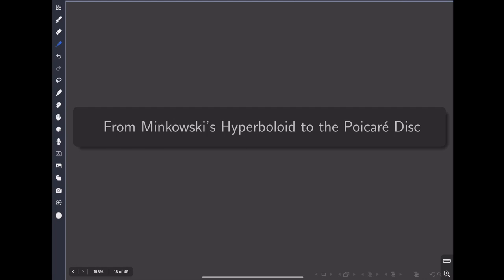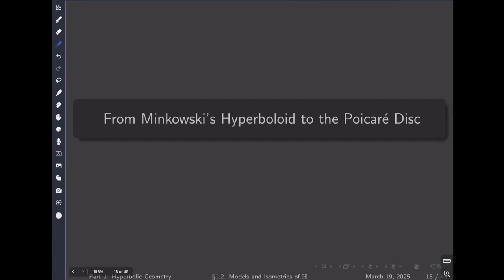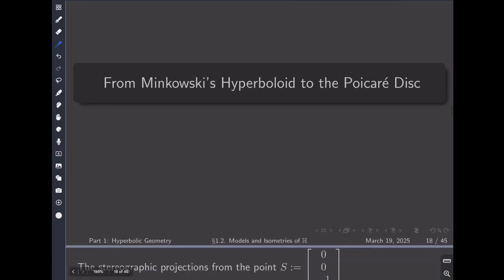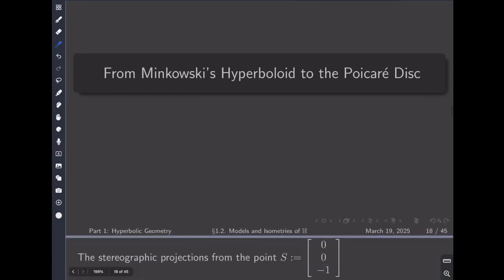Yeah, and now I'm going to move to the disk. I could do a lot more on the hyperboloid. On the hyperboloid, I could actually fully compute the group of Riemannian isometries, for example, and describe explicitly the shortest curves, or if you want, the geodesics. This I could do, but I'm going to skip it. And it's really quite beautiful, but I'm going to skip it for time constraints.